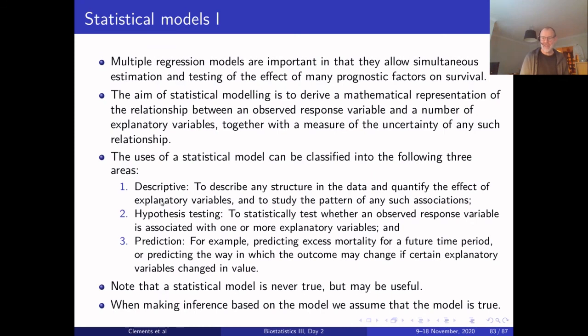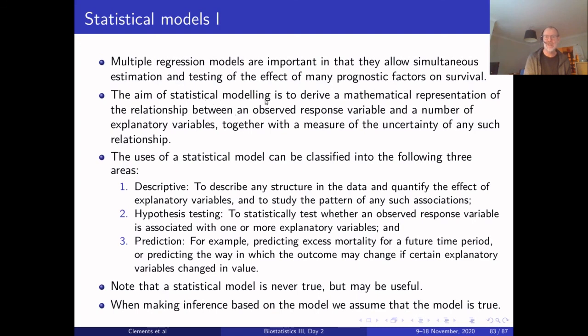Now take a bit of a step back and think about when and why we want to use statistical models. The regression models that we've described are important because they allow for simultaneous estimation and testing of the effect of many prognostic factors on survival.